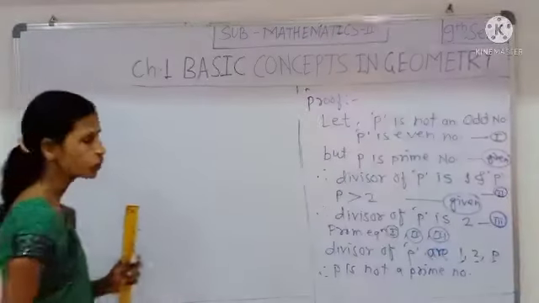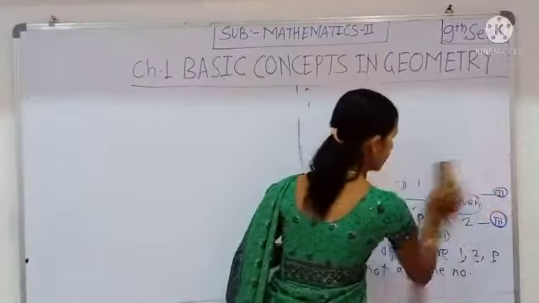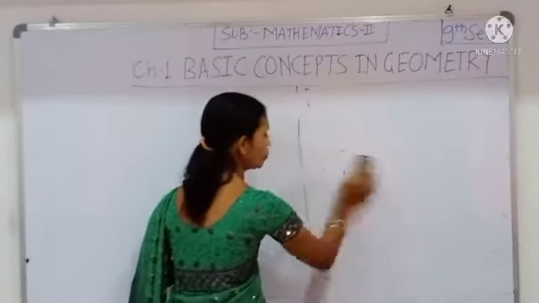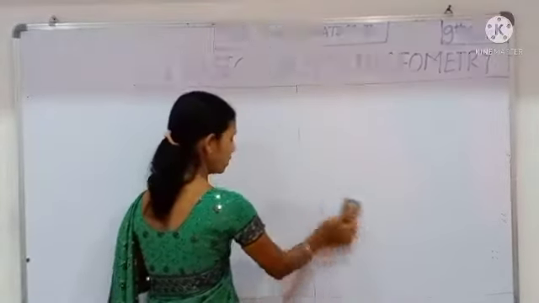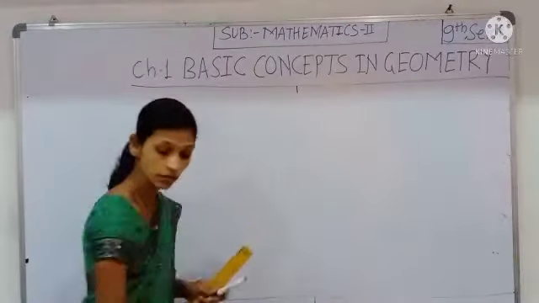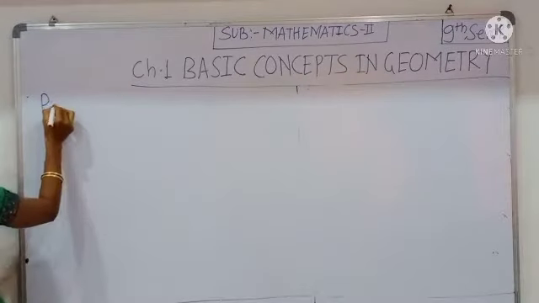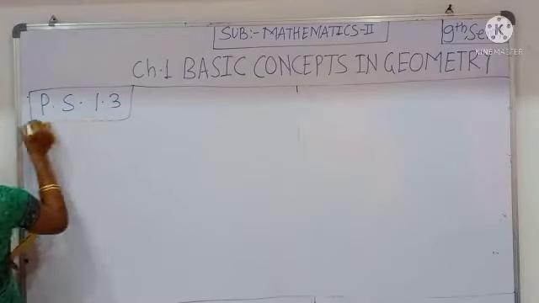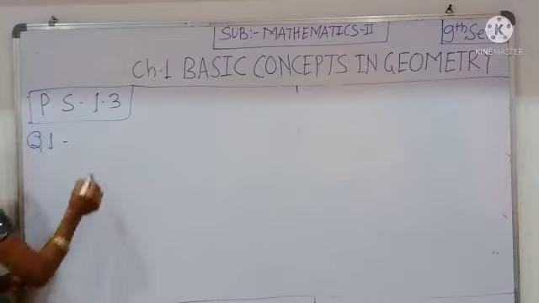Then we will solve those examples from practice set 1.3. That type of examples we have solved in the previous lecture. Then let us solve the examples from practice set 1.3. Question number 1 is given here.